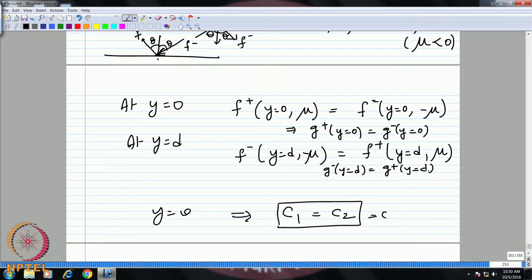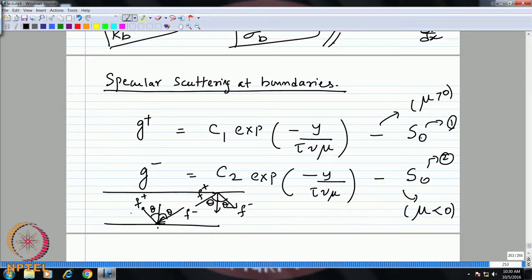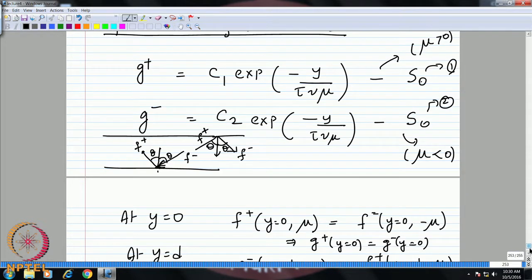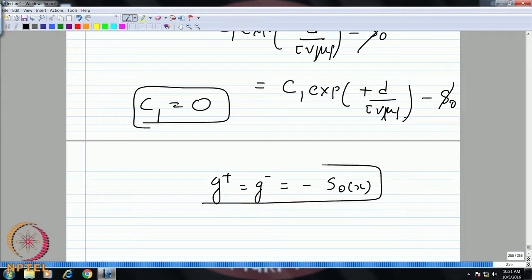So, what happens to G plus and G minus? They become the same, right. So, G plus equal to G minus will be equal to minus S naught. Now, you go back to the expression for charge flux and substitute this and see what happens.